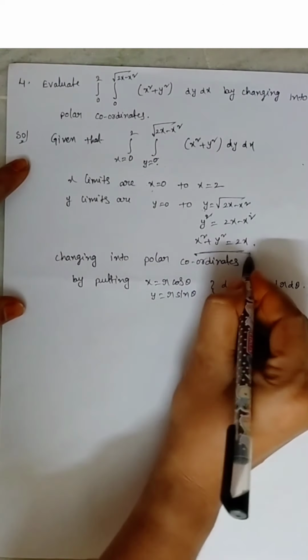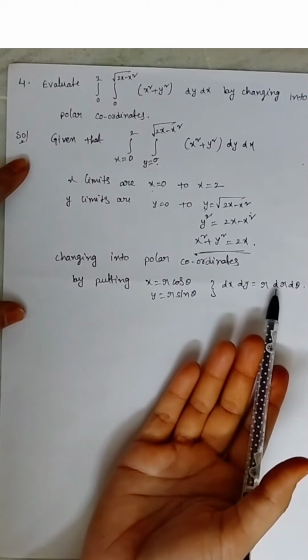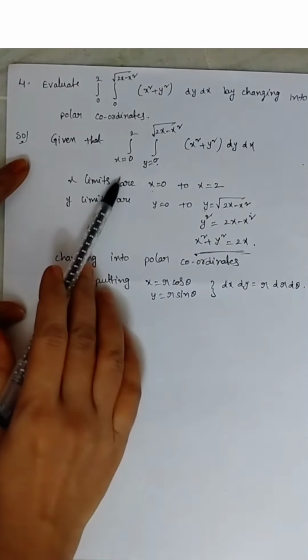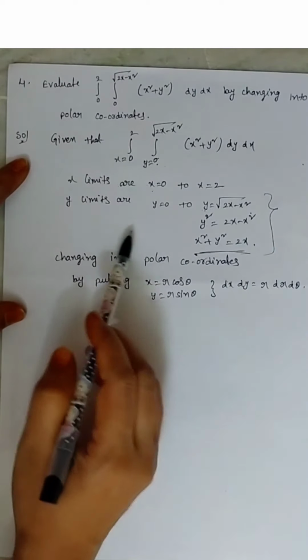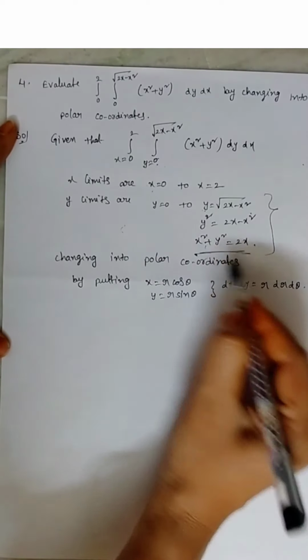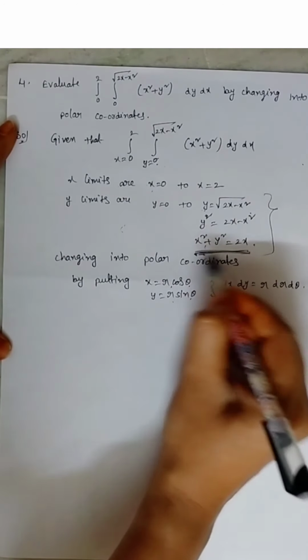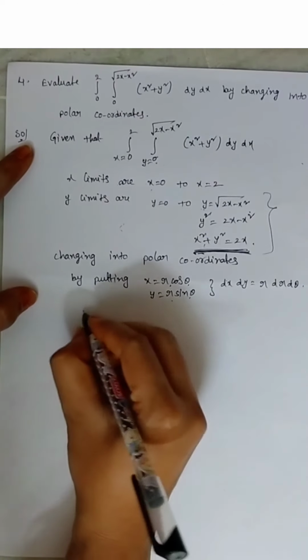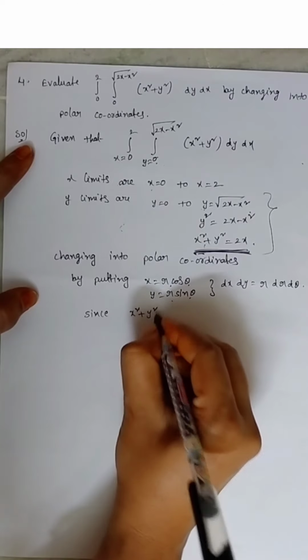This is not a circle to find the radius. So if any problem is not able to find the limits from the given limits, then we have to substitute the values of x and y: r cos theta, r sin theta in the equation. So here, since x square plus y square equals 2x.